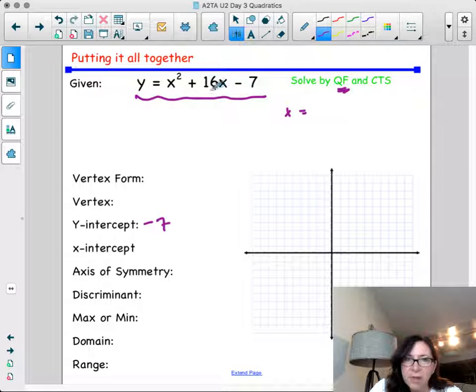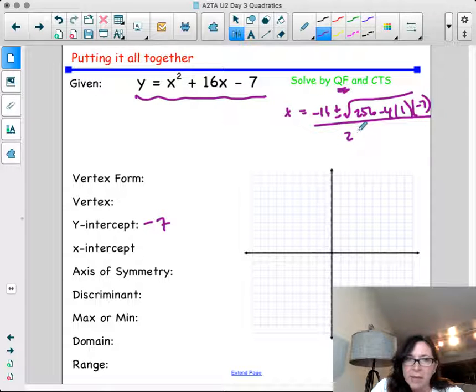x equals the opposite of b, so that'd be negative 16 plus or minus b squared, so 256, minus 4ac, and that's all over 2a, so 2 times 1. Okay, and so in doing that, hold on.